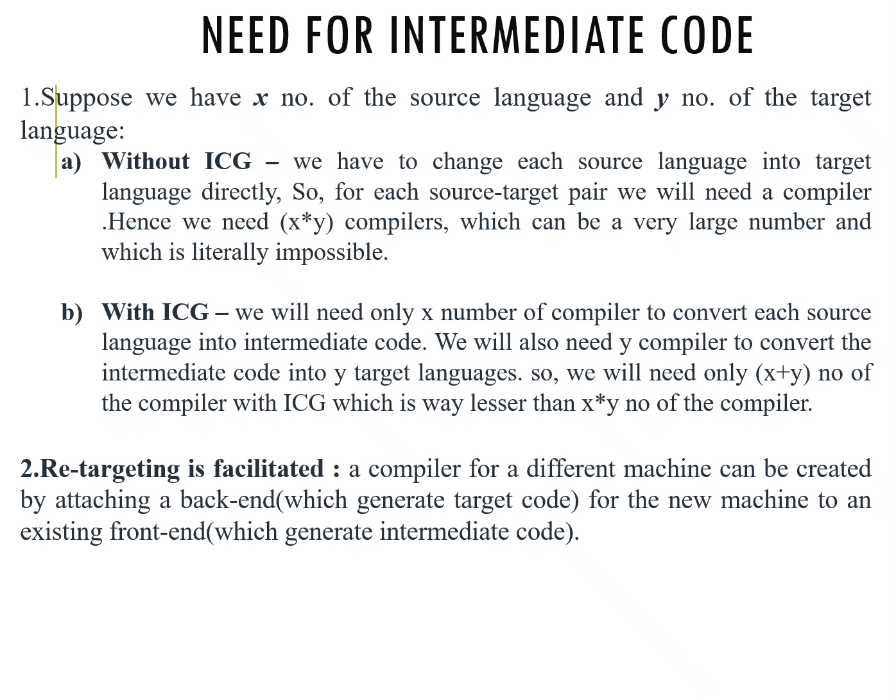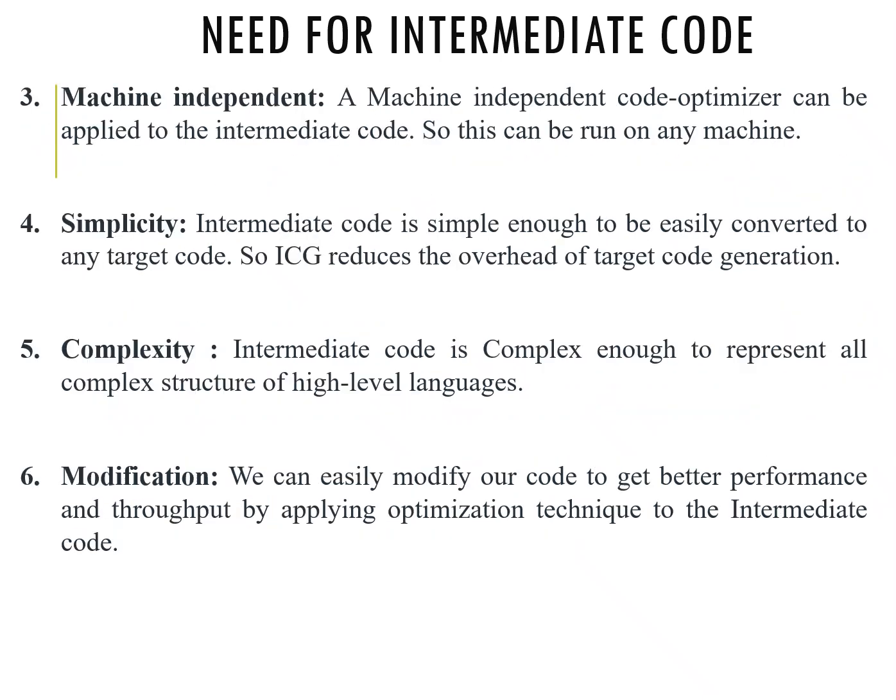So every time a new compiler is generated for some new machine, the front end remains as it is. The work has to be done only in modifying the backend of the compiler. Also, machine independence is again an important point why we need intermediate code. Because of intermediate code, a machine independent code optimizer can be applied to the intermediate code.